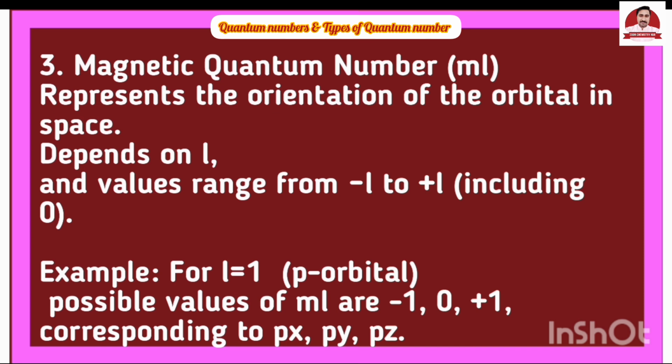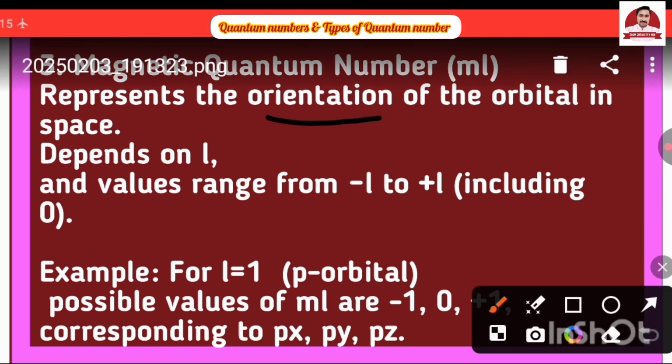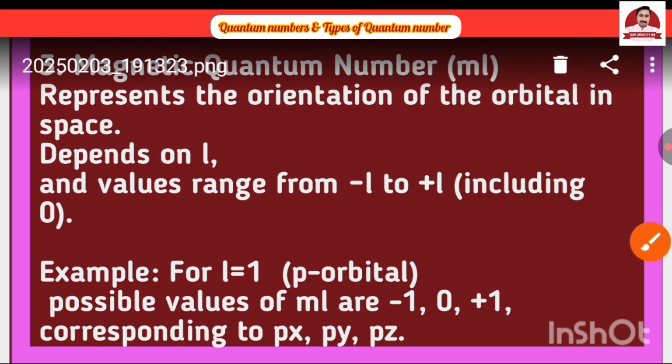Next is the magnetic quantum number. Magnetic quantum number is represented by small m and l. Magnetic quantum number represents the orientation of orbital in space, and it depends on the L value, and the value ranges from minus L to plus L including 0. For understanding, we take an example.